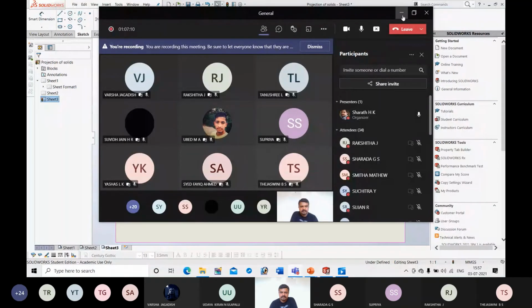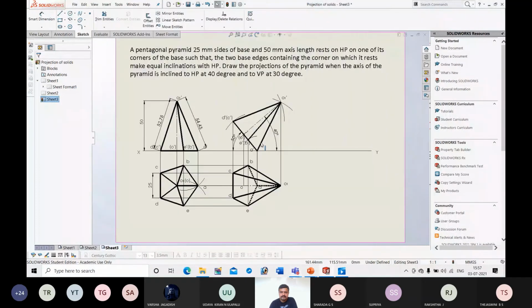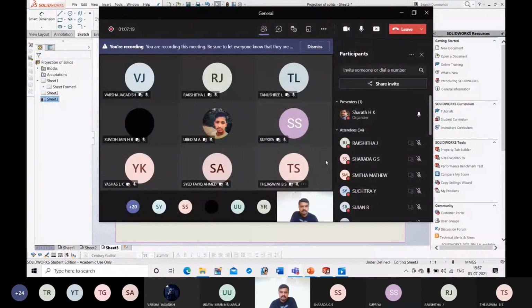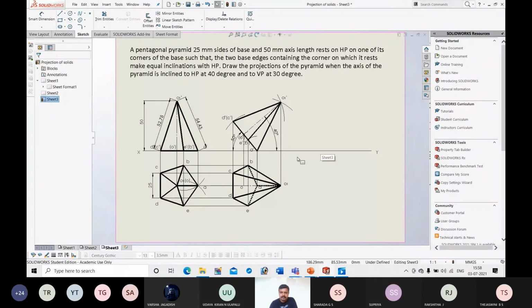Smita Matthew. Ubaid. Yes, sir. Okay, whether the given inclination is true or false. Inclination with respect to VP.